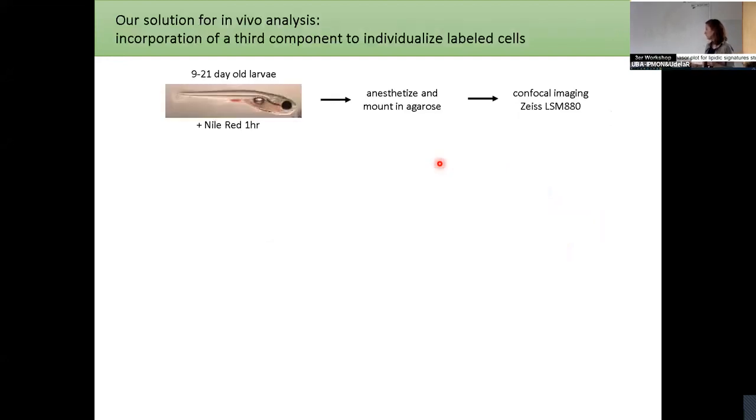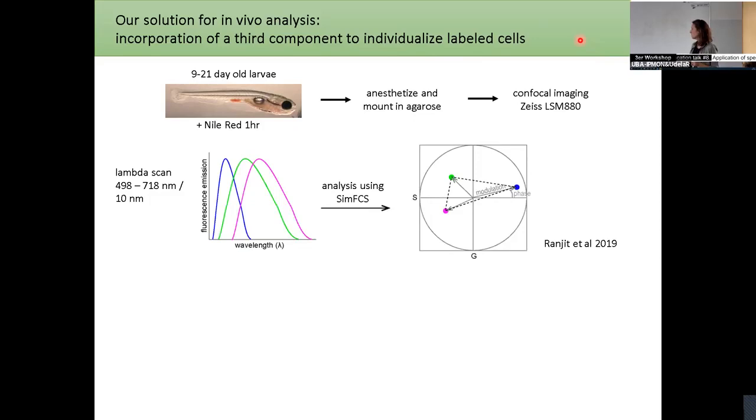So the experiment was like this. We stained larvae of different stages with Nile Red. Then we anesthetize them and mount in agarose and do some confocal imaging. Then we do a lambda scan in the microscope and analyze the images using spectral phasors.